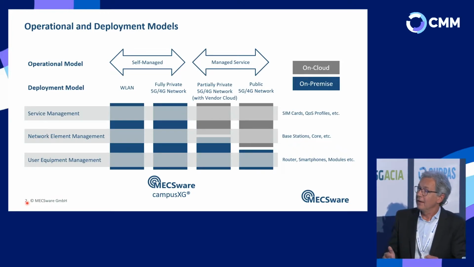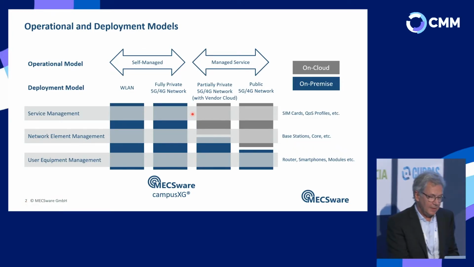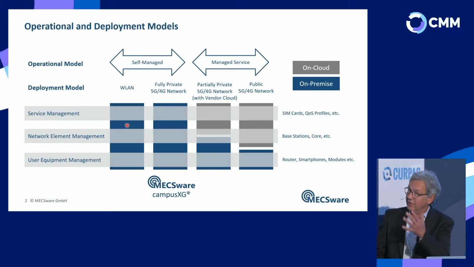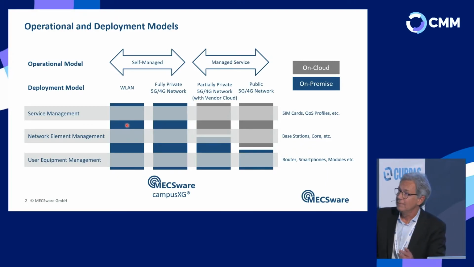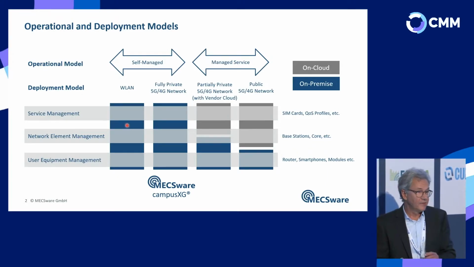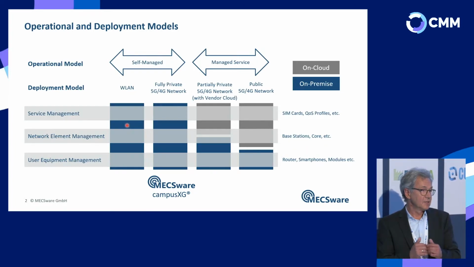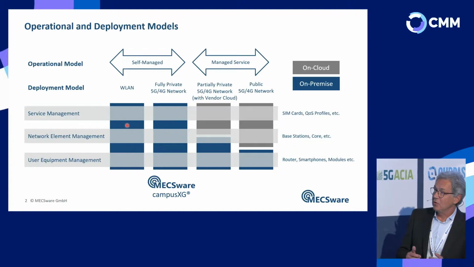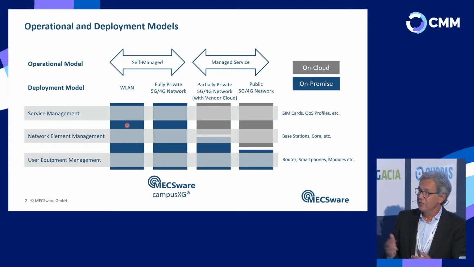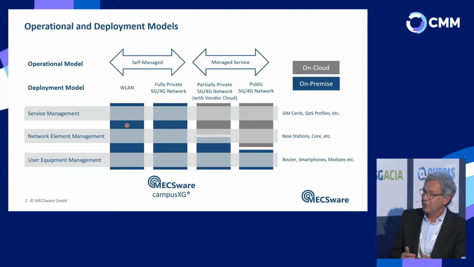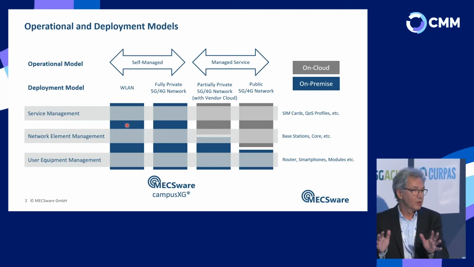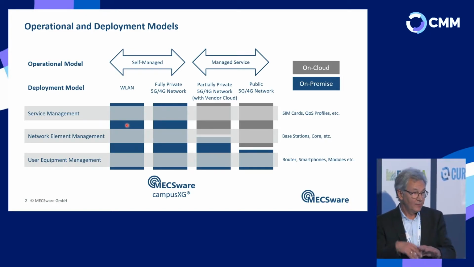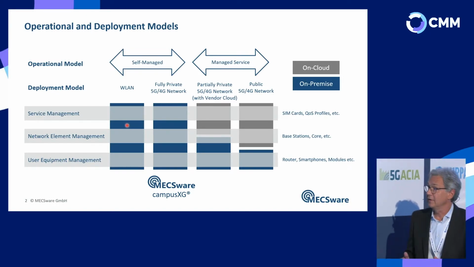Looking at the left-hand side, wireless LAN, I come to that later on, is our role model. Everything is on premise, easy to handle, easy to manage. All the functional layers, service management, network management, user management, are completely under control of the user. There's nothing in the cloud.